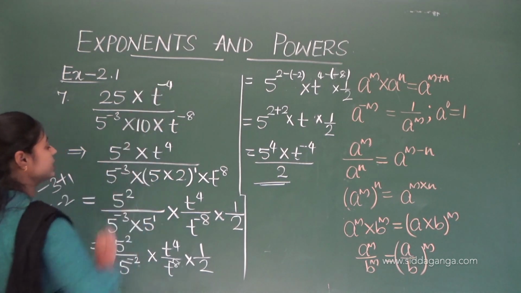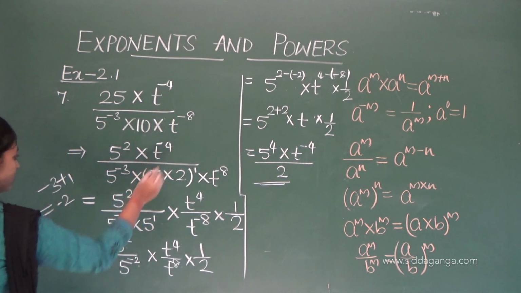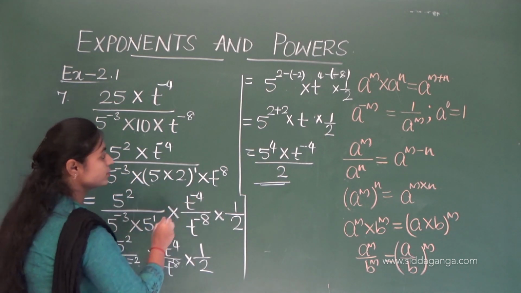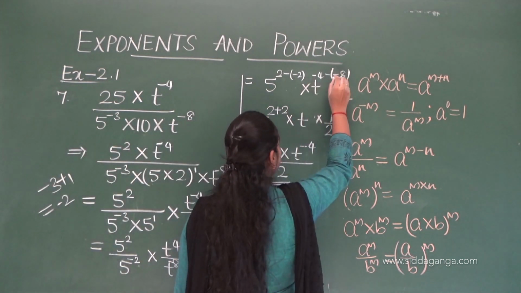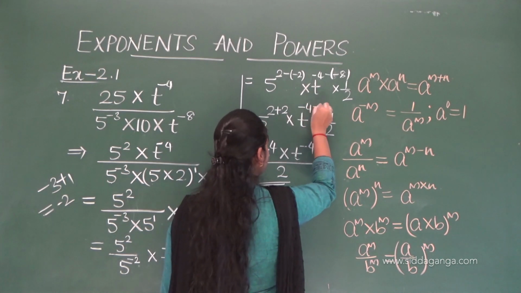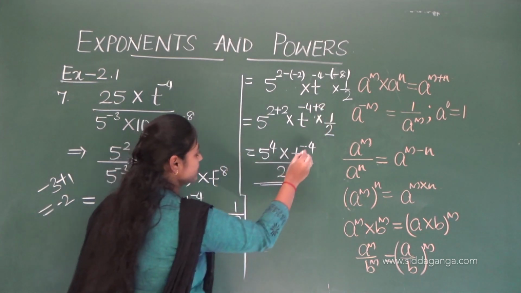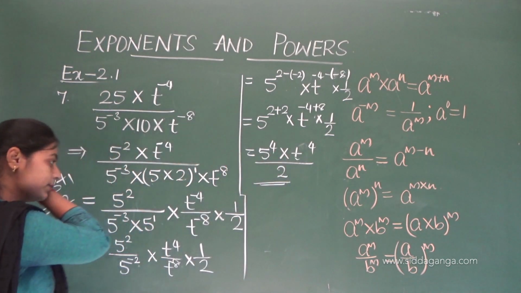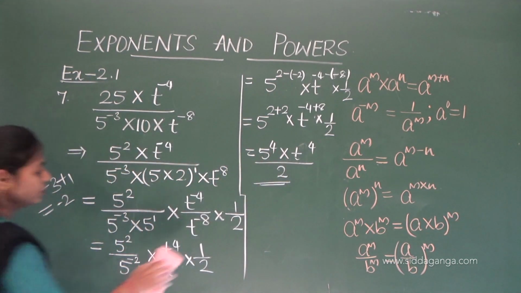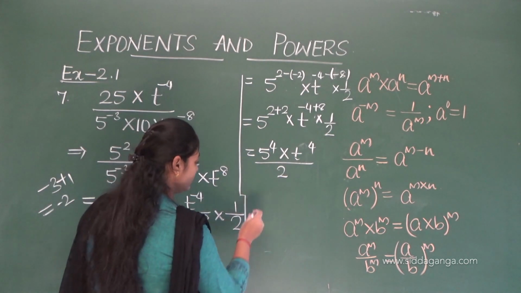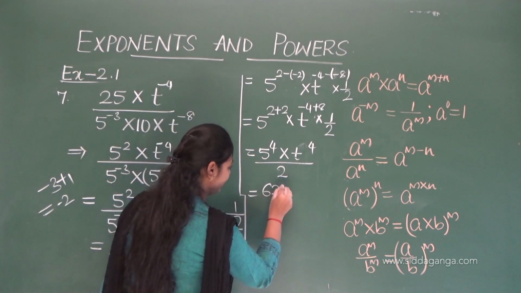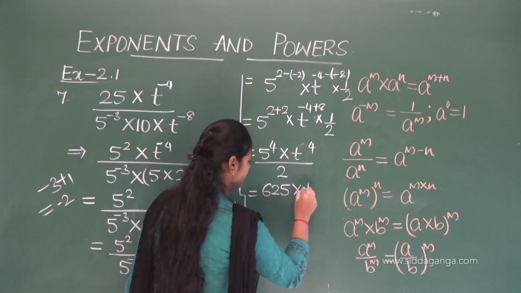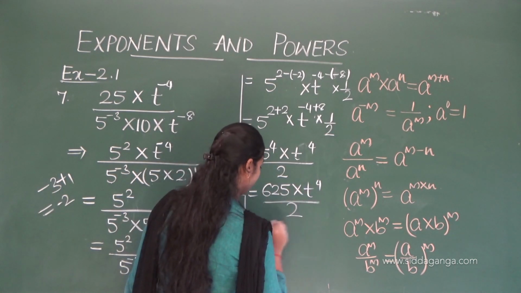In the question also, t raised to the power of minus 4, minus into minus is plus 4, that is t raised to the power of plus 4. 5 to the power of 4 into t raised to the power of 4 divided by 2. 5 to the power of 4 is 625 into t to the power of 4 divided by 2.